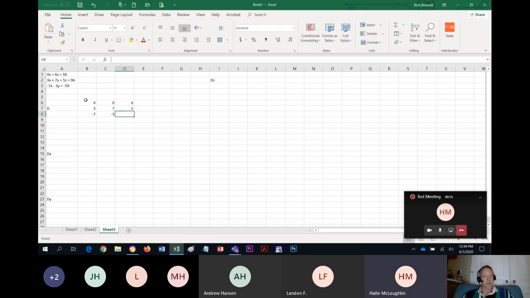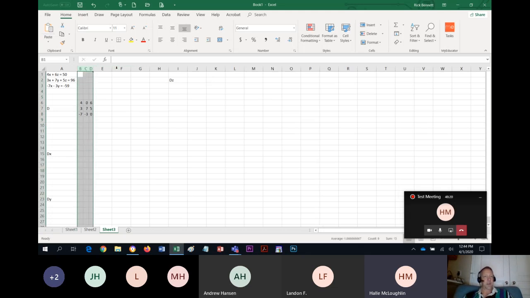Does that make sense to everybody? We don't include what it equals, so we're not going to include the 50, 96, and -59. We don't do that for D. We'll use that for other matrices.